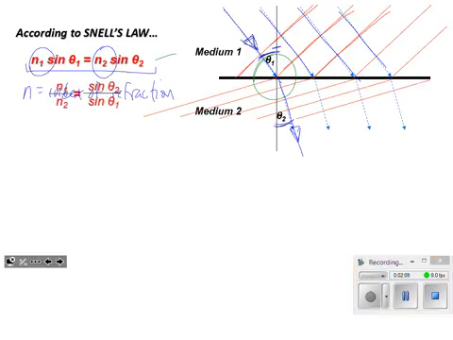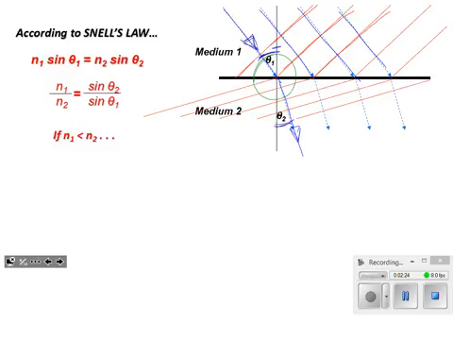Okay, so Snell's law says, if we do a little bit of rearranging, we can write the ratio of n1 to n2 as the ratio of sine theta 2 to sine theta 1. Okay? And here's something where we say, what if n1 is less than n2? Here's medium 1 with index n1, and here's medium 2 with index n2.